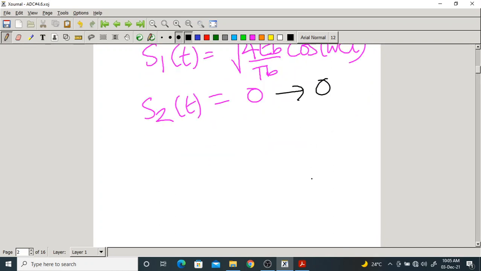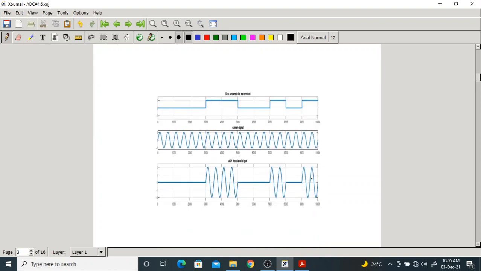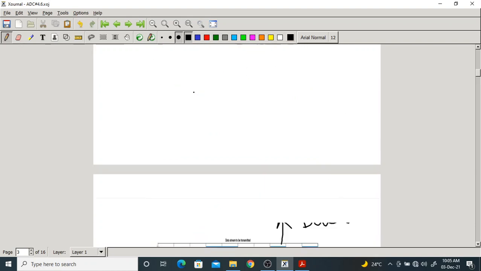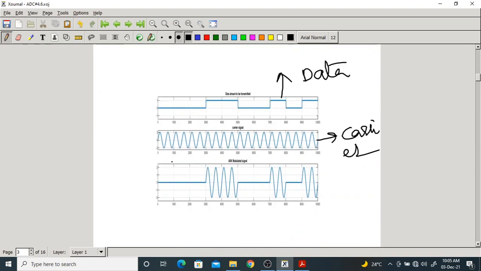Now, how does the waveform look like? Something like this. This is the data. This is the carrier. So this is the waveform. Whenever there is a 0 bit, what is S2 of t? It is also 0 because nothing is being transmitted. 0 means 0. And 1 means we transmit a waveform.